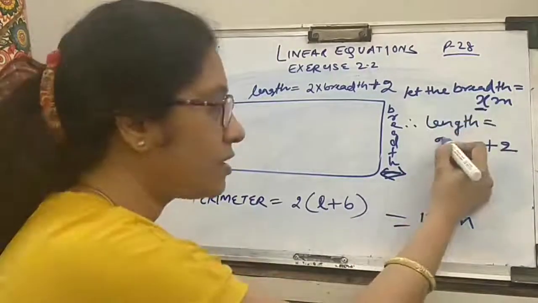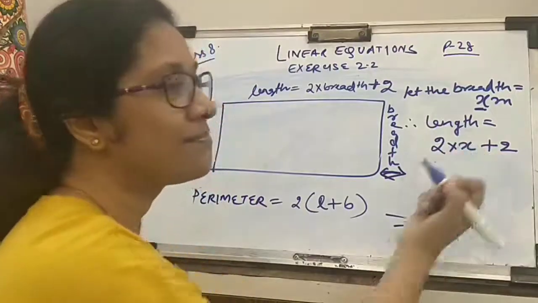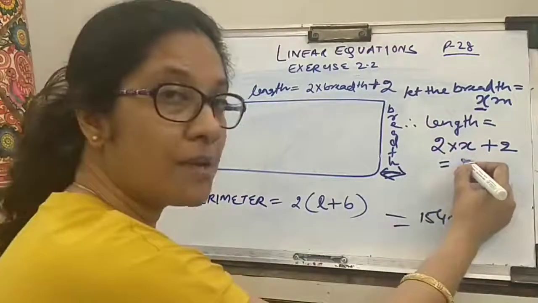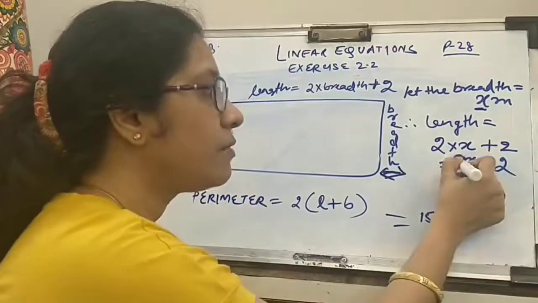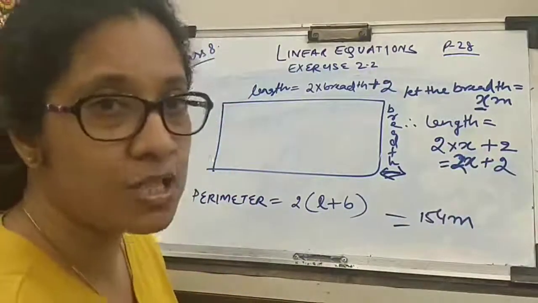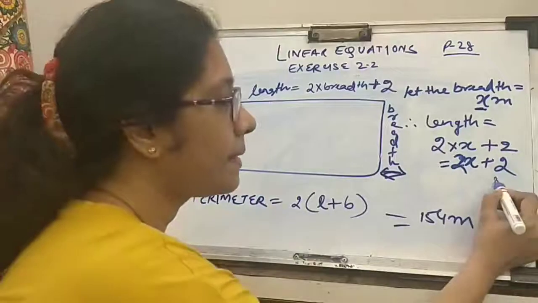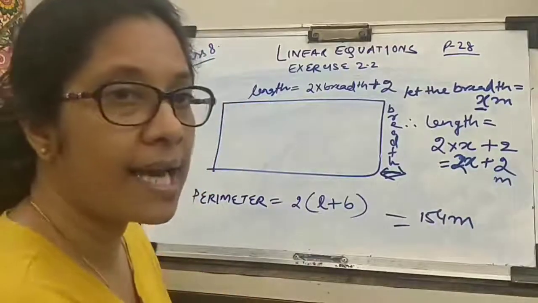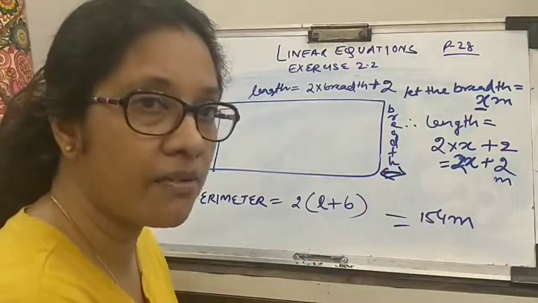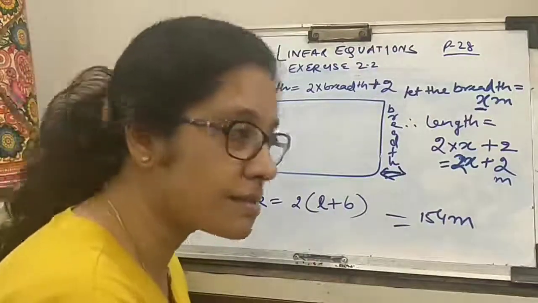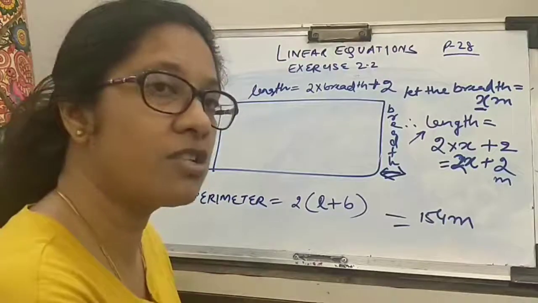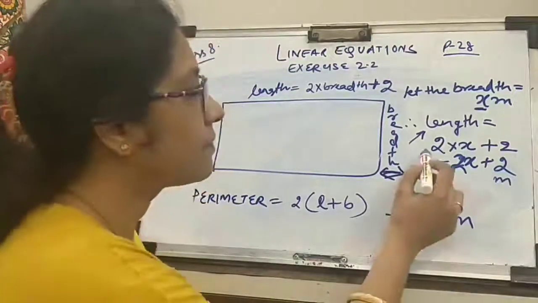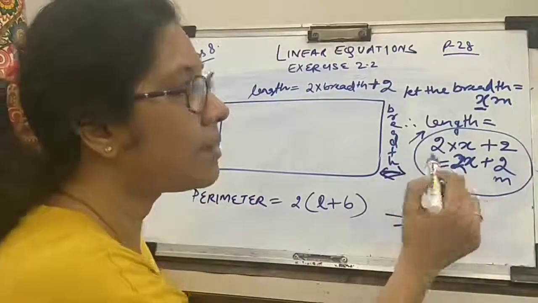So what is twice of it? 2 into x. So what does length come out to be? 2x plus 2. Length is 2x plus 2 meters, because I had considered the independent variable breadth as x meters. And the dependent variable, that is the variable which has a relationship with breadth, has come out as 2x plus 2.